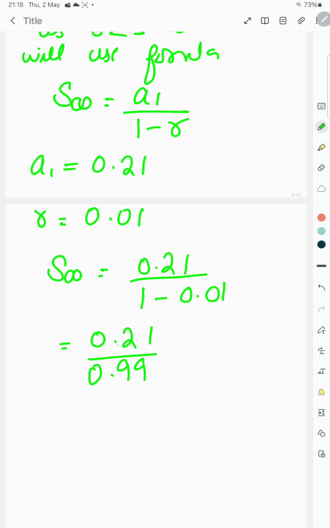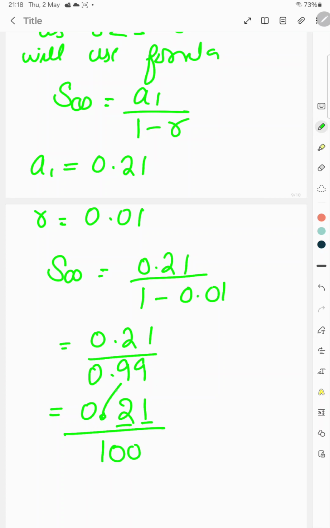I have to remove the decimal from these numbers. How will I remove it? For 0.21, you remove the decimal, 1 appears in the denominator, and you count the numbers after the decimal. As there are two numbers, two zeros will appear.